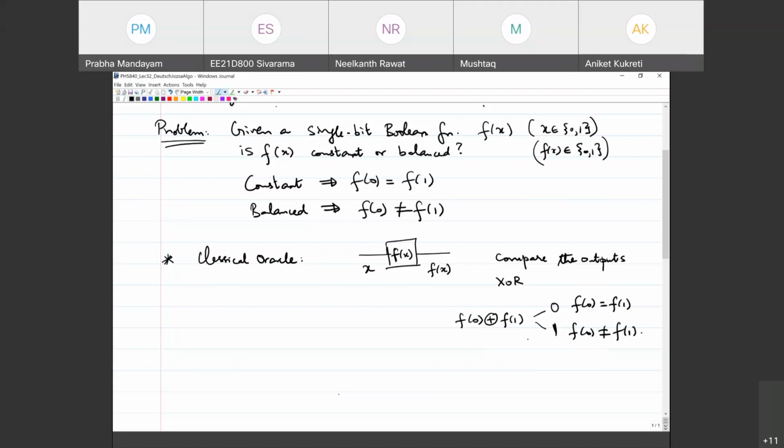You need to do the XOR of f of 0 and f of 1, and this you can do only in a serial fashion, right? So in order to do this, you can only do this in a serial fashion. Given a single oracle which computes the function f for you, you input 0, you get the output, you input 1, you get the output. So in a sense, you get to know f of 0 and f of 1, and then the XOR of the two functions will tell you the answer, right?